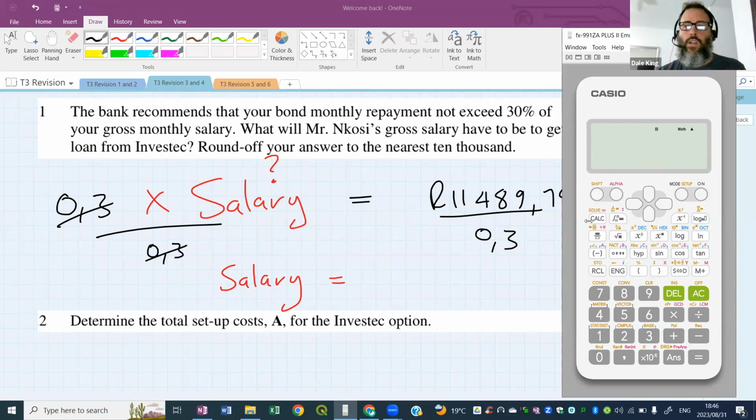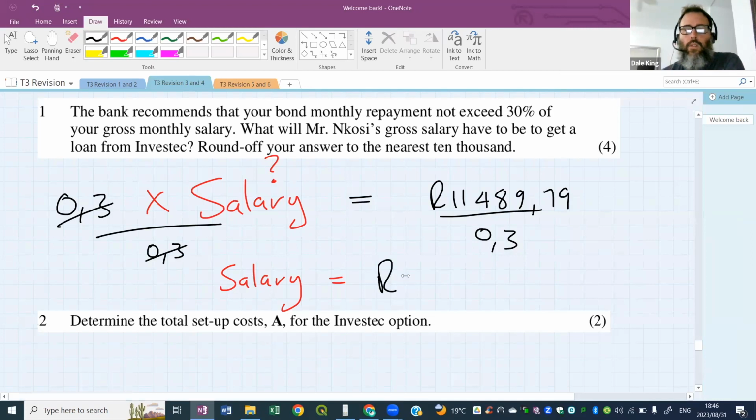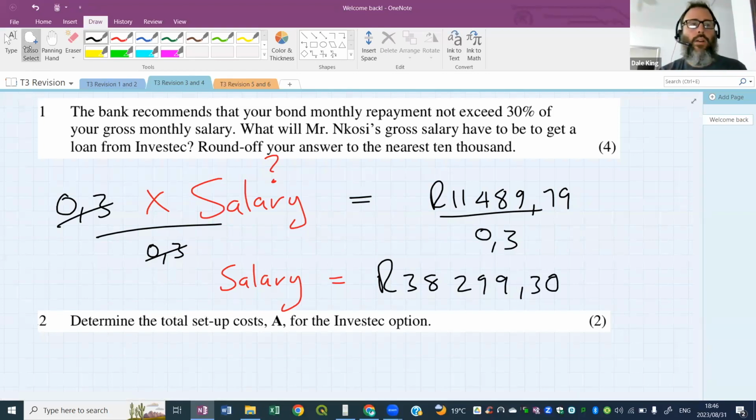So here's the fraction. 11,489.79 divided by 0.3. Okay, that gives us a big number. That's what we're looking for. So 38,299.3. And this looks about right, doesn't it?